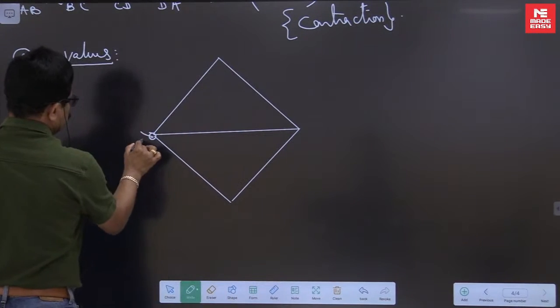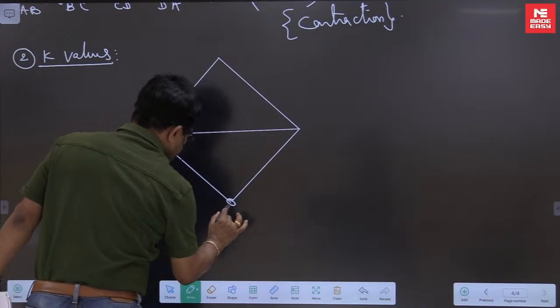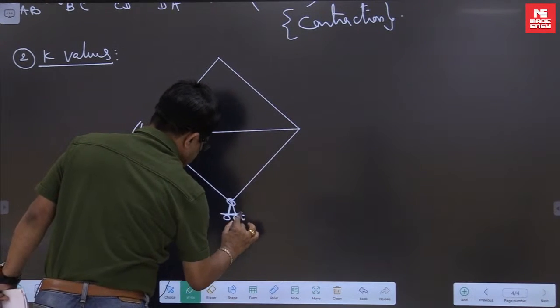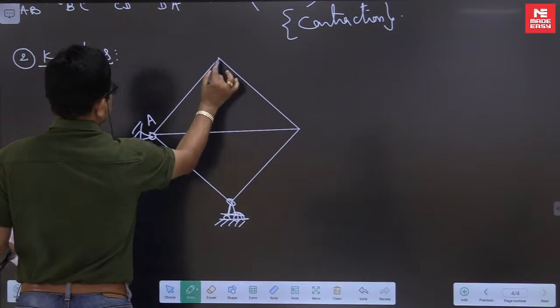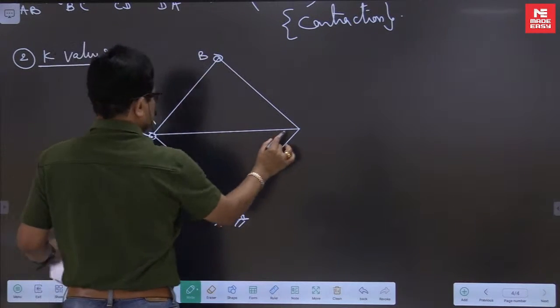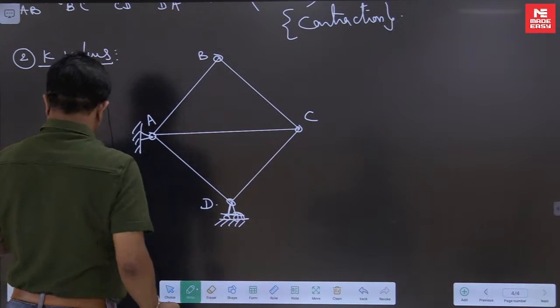This is a hinge support and this is a roller support. This is A, B, C and D.